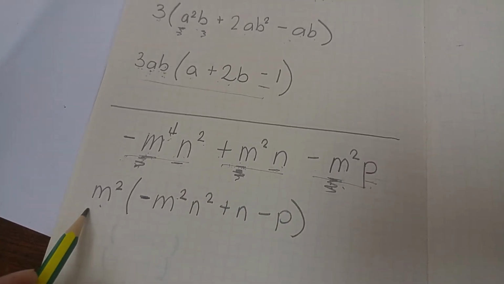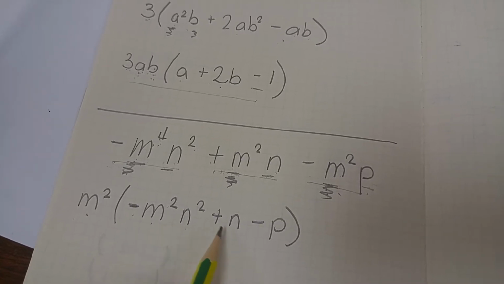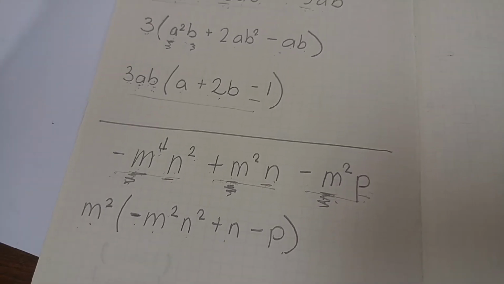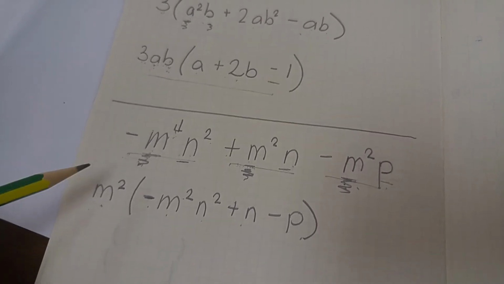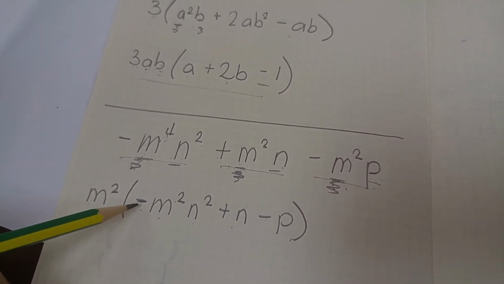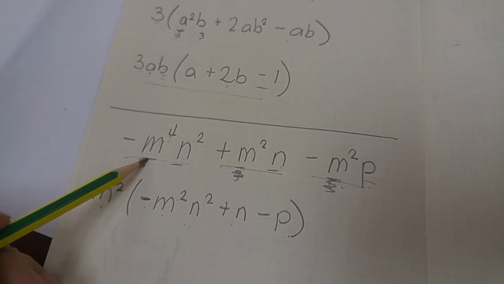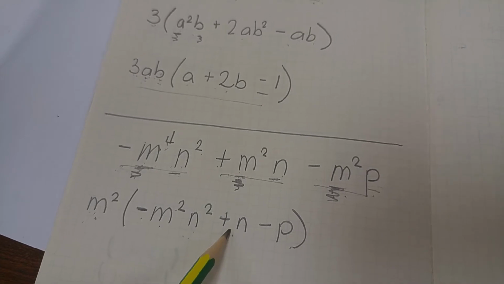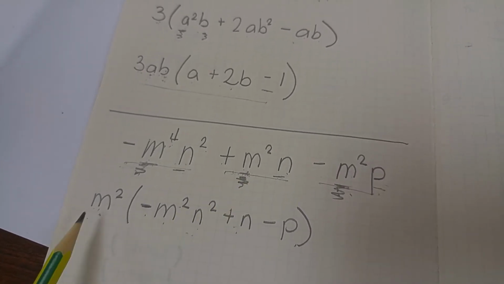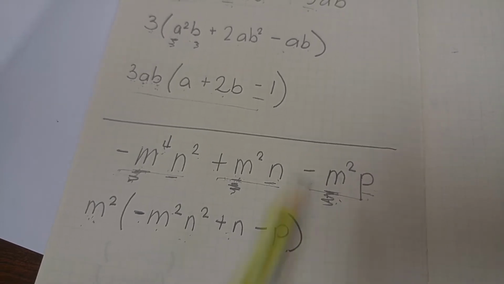So we've got m squared times minus m squared n squared plus n minus p. And if we expand, we can see that we're right, because m squared times minus m squared n squared equals this. This times this equals this. And this times this equals this.